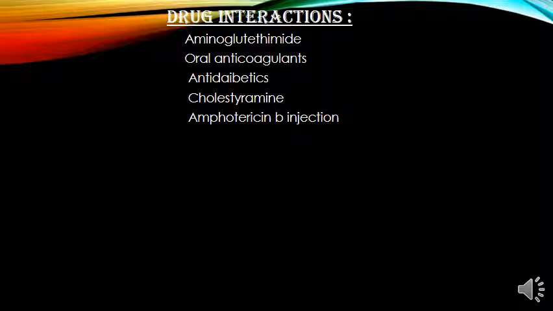The other drug we have is oral anticoagulants. Again, if the topical betamethasone gets absorbed systemically into the blood, it reduces the bioavailability of the drug. Then anti-diabetics, a major interaction.